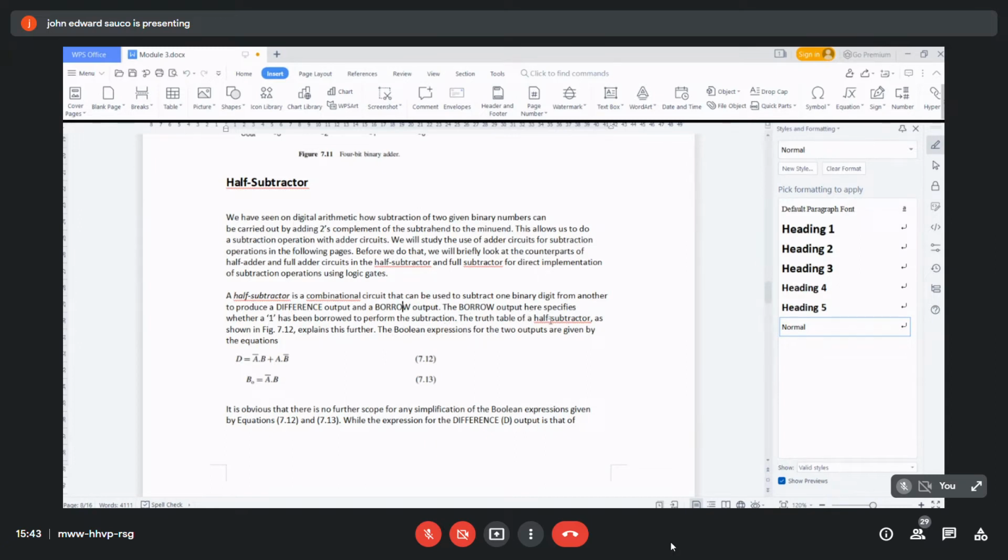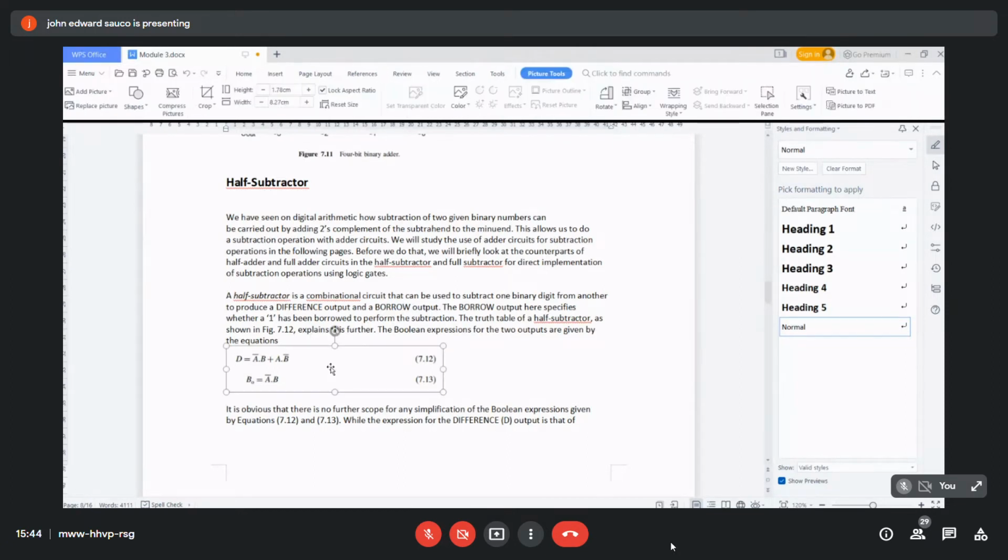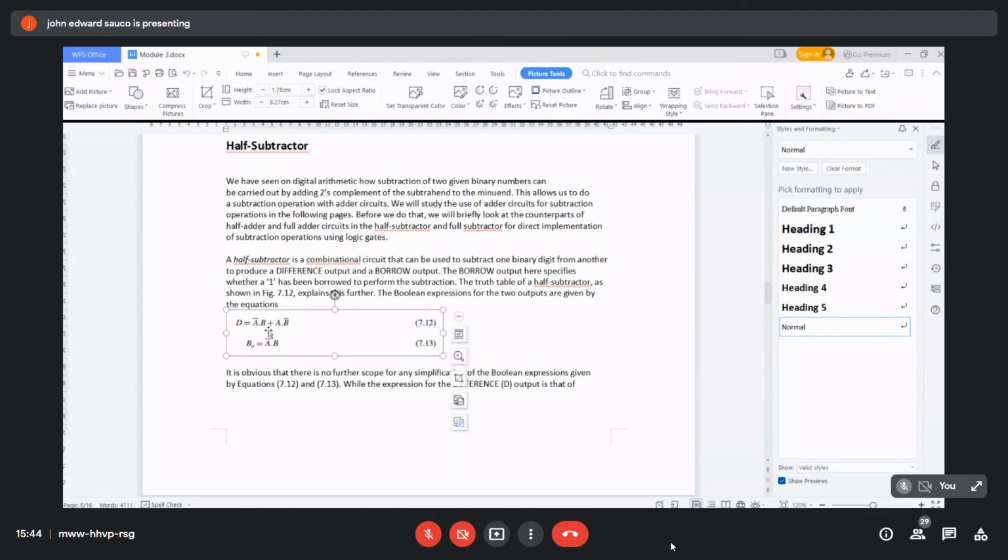The truth table of the half subtractor is nasa figure 712 para ma-explain further at ito ang kanyang equation. Kung makikita nyo, yung difference natin and yung sum kanina is iisa. Pero yung borrow is naka-complement. Okay?